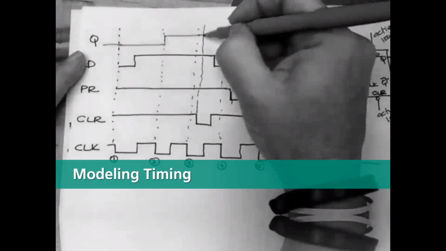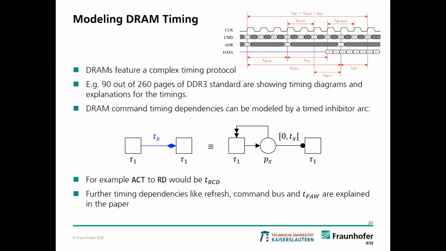So now what about the timing? You have seen that in DRAM we have these timing dependencies. So when we issue the activate command, we have to wait tRCD clock cycles until we are allowed to send a read command. And then we have to wait tCCD cycles in order to send the next read command.